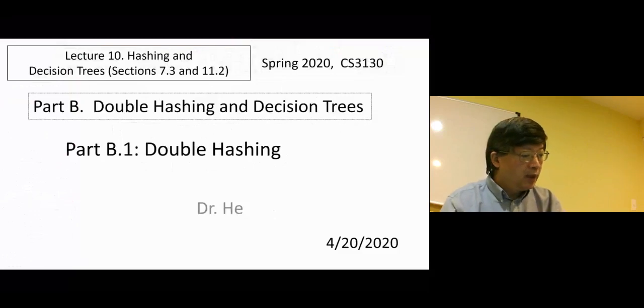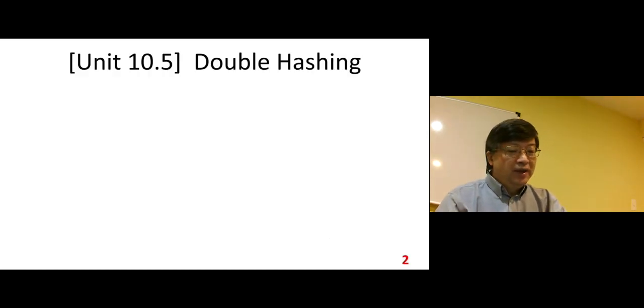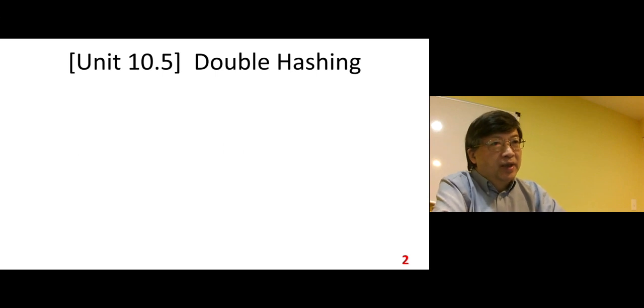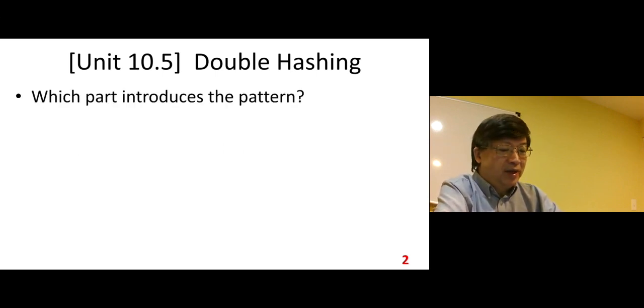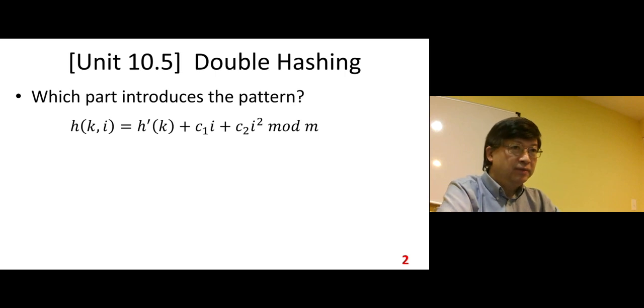All right. So you can see, for double hashing, you need to use two hash functions, right? First, let's look at our current problem. Here, let us use that quadratic hashing method.